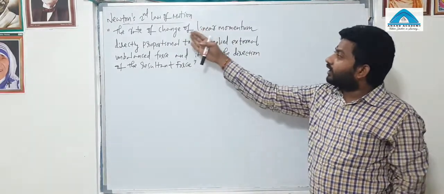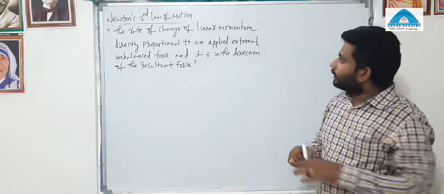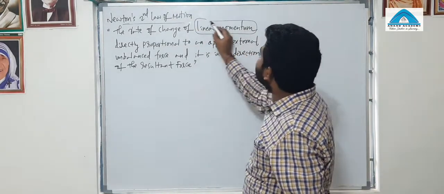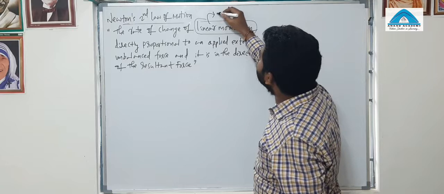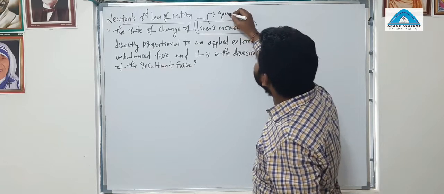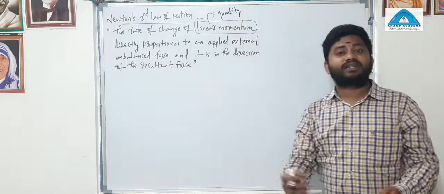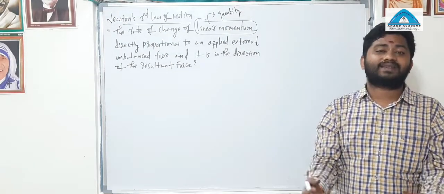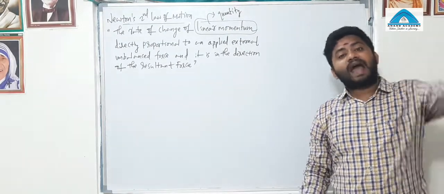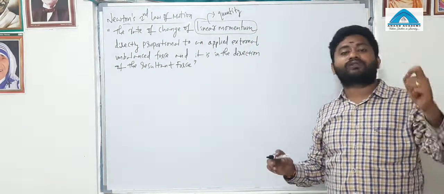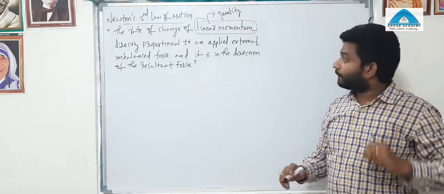Let's read one more time Newton's second law of motion. The rate of change of linear momentum. Here, linear momentum is a physical quantity. Like so many physical quantities in our nature, like force, acceleration, distance, displacement, speed, velocity, weight, linear momentum is also one of the physical quantities in physics.